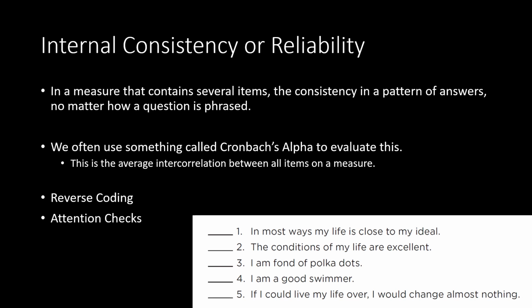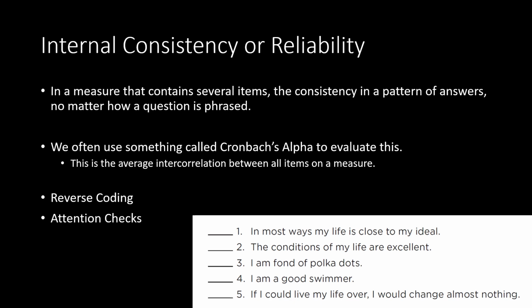Now, the way this is evaluated is no longer using a direct pure correlation, but through something called Cronbach's alpha. And Cronbach's alpha is, in a way, just a very fancy form of a correlational test, maybe. What it's actually doing is evaluating the individual pairwise correlations of all the individual items.